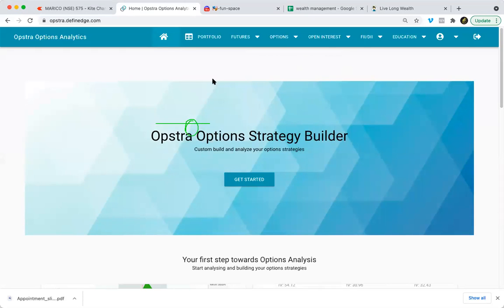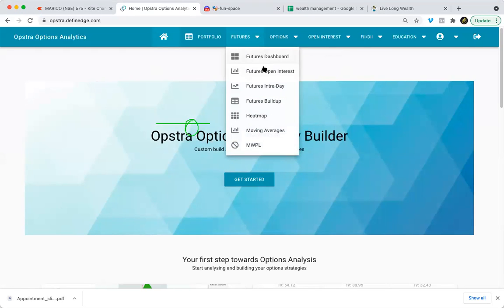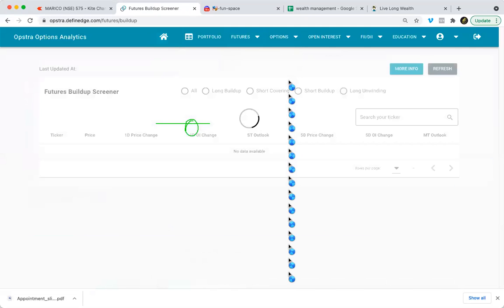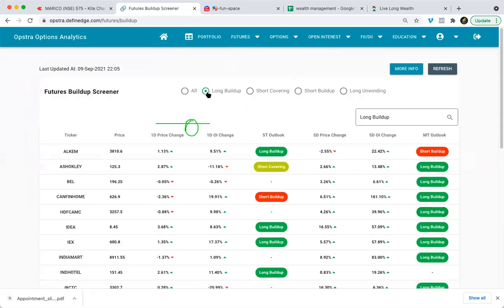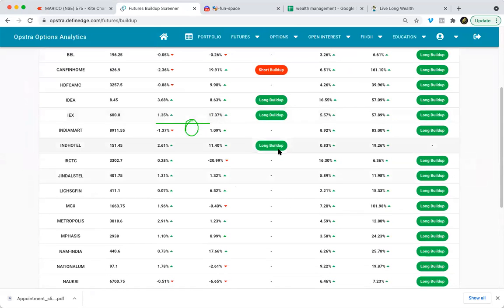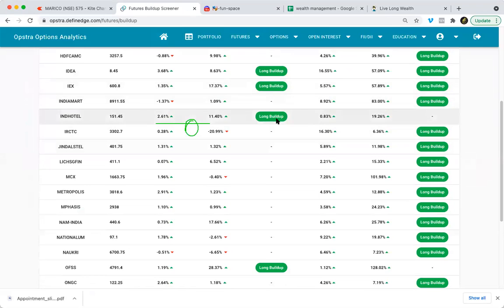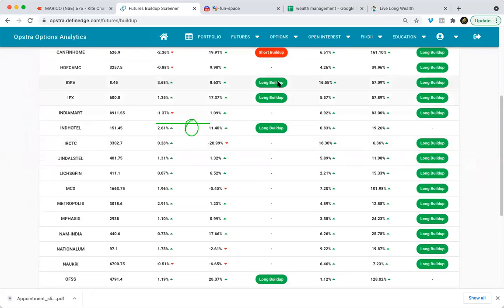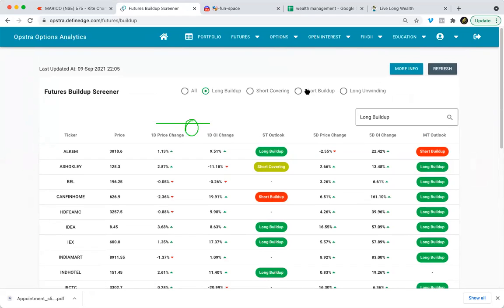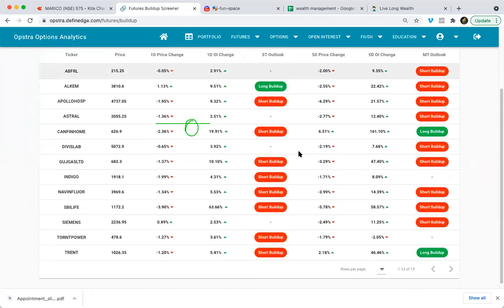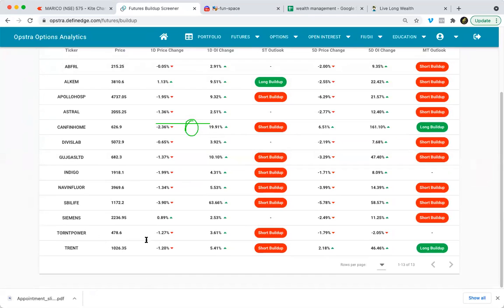There's a section called futures build-up, and over here you can look out for stocks that are in a phase of long build-up. Check if these stocks are approaching good bullish breakout levels, then there is a very high tendency that a good move could potentially come in. In the same way, you can look out for stocks in a short build-up for negative side setups.